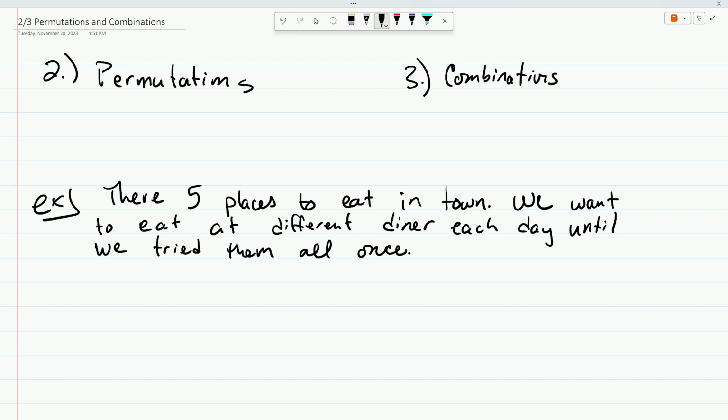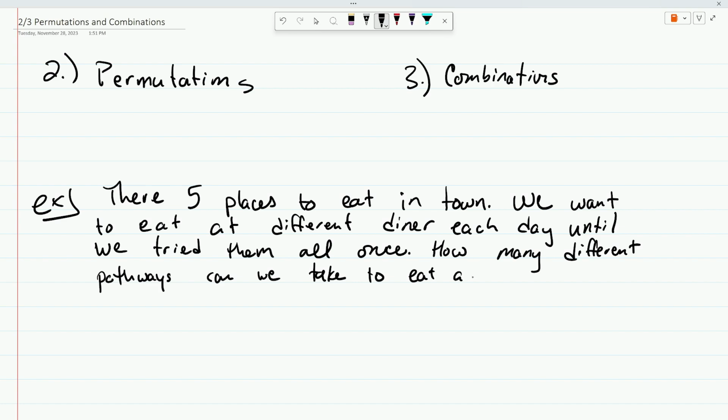The question becomes, how many different pathways can we take to eat at each diner once?